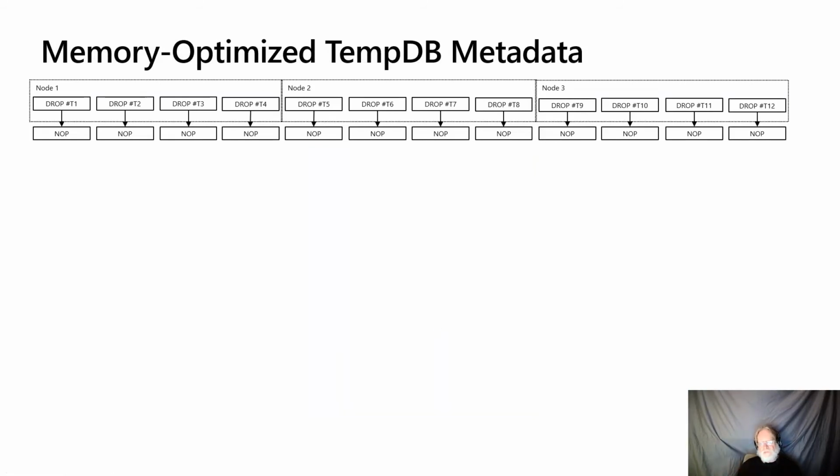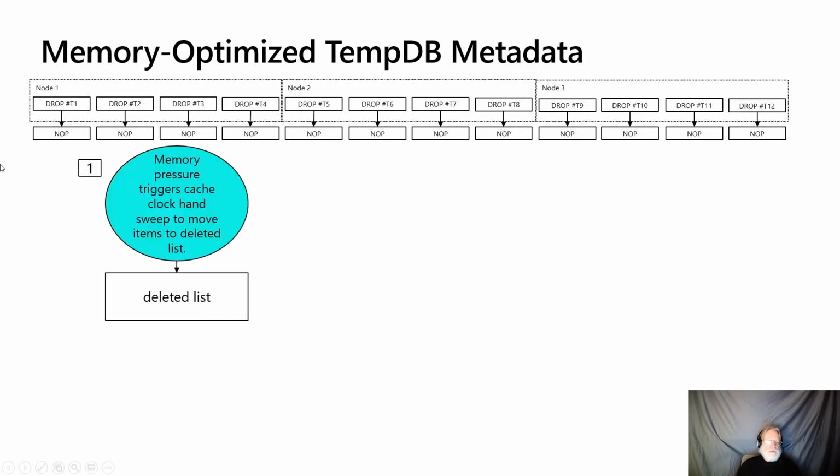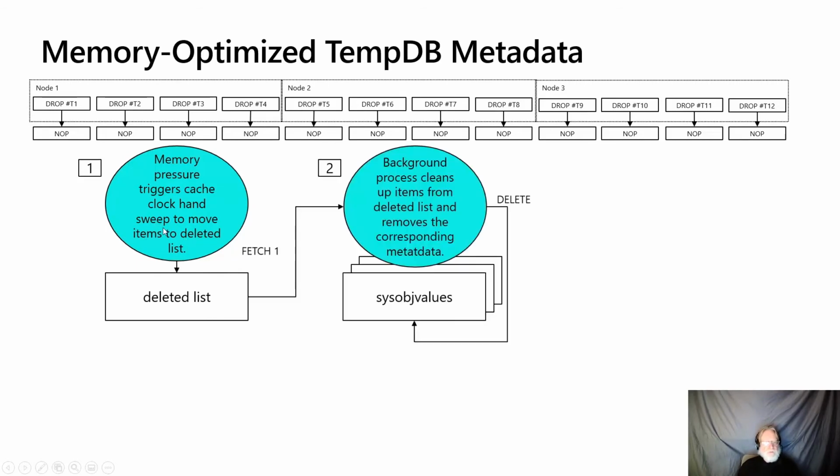And to give you an idea of some of the things that cause this and some of the things that we've done to make things better, the contention on TempDB increases exponentially. It becomes a major bottleneck. One of the scenarios here is that memory pressure triggers a cache clock sweep to move items to the deleted list. A background process cleans up items from the deleted list and removes the corresponding metadata.